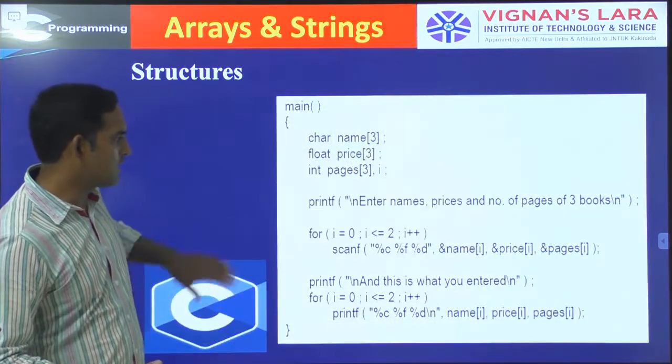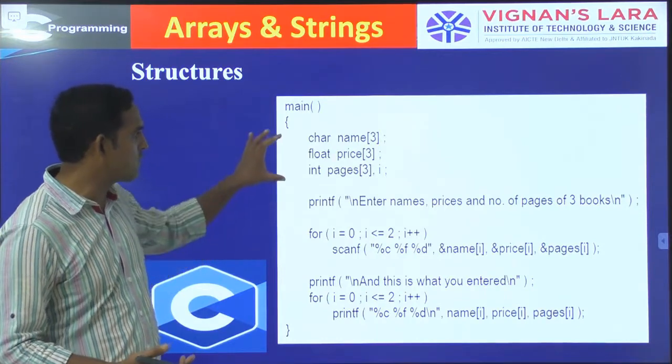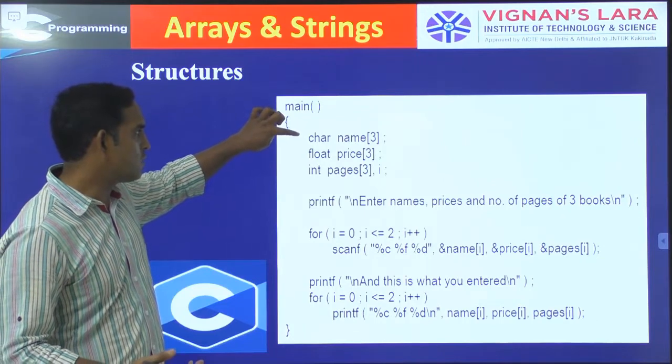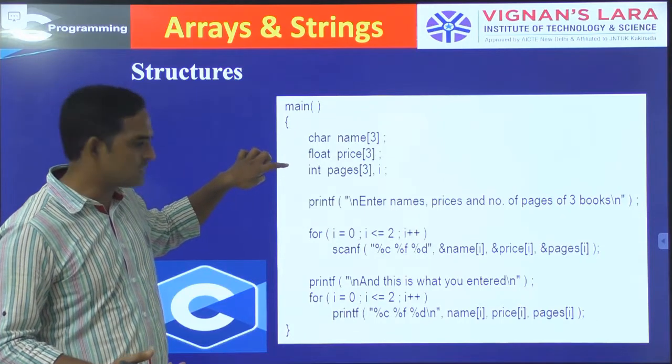So this is an example where you use individual arrays: name is one array, price is another array, pages is one array.